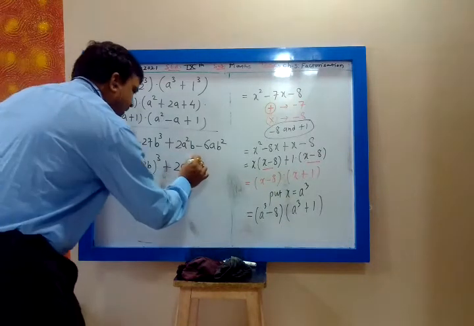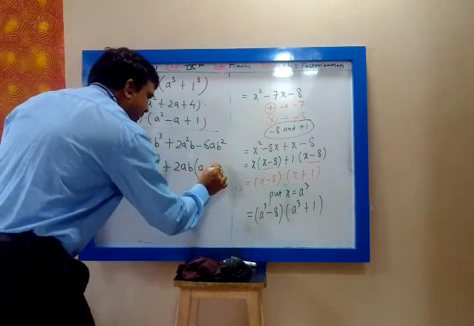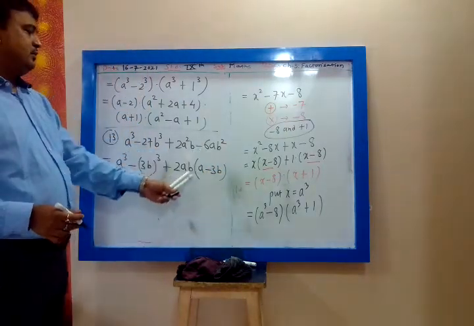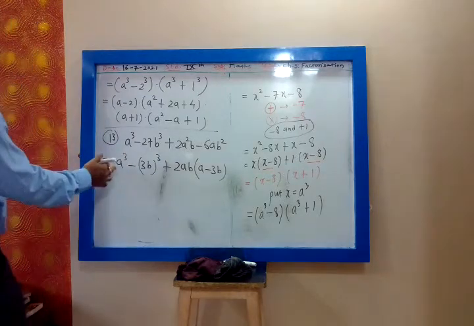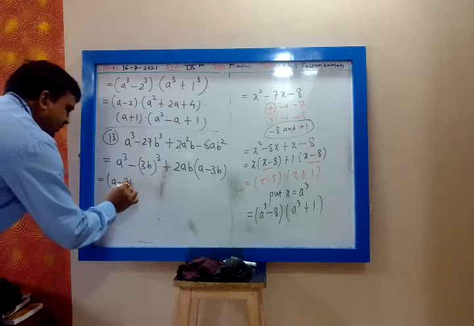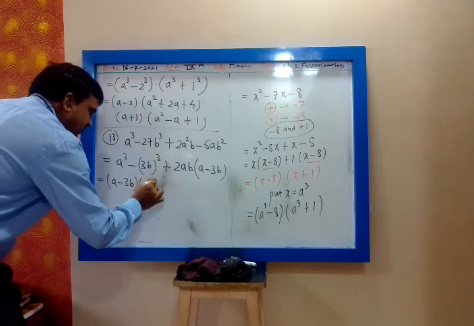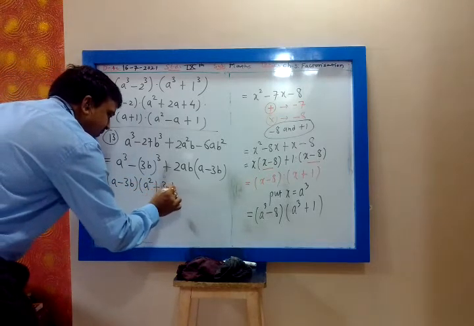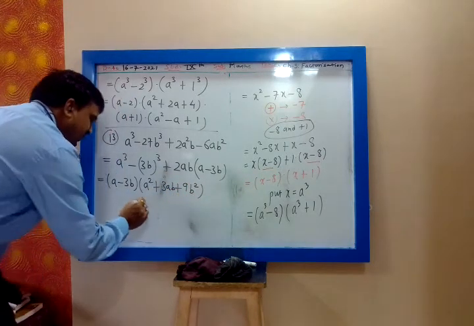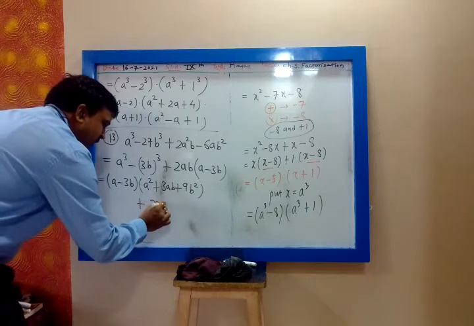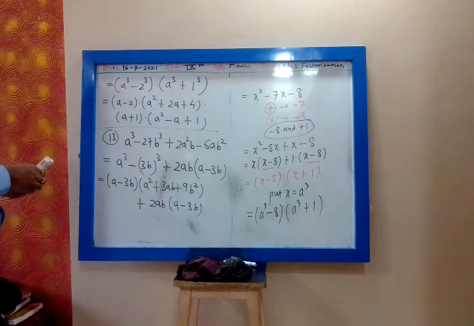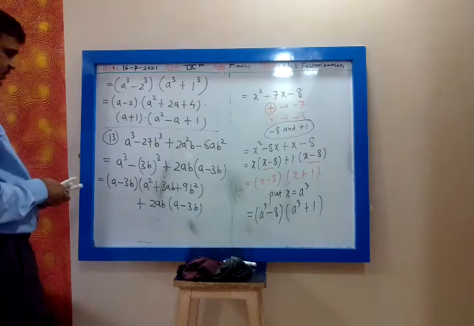Then it is (a minus 3b); it is 6, so you want 3. Now use the formula a cube minus b cube. That will be (a minus 3b) into (a square plus 3ab plus 3b square, that is 9b square), plus 2ab into (a minus 3b). Now what is common? a minus 3b is common.